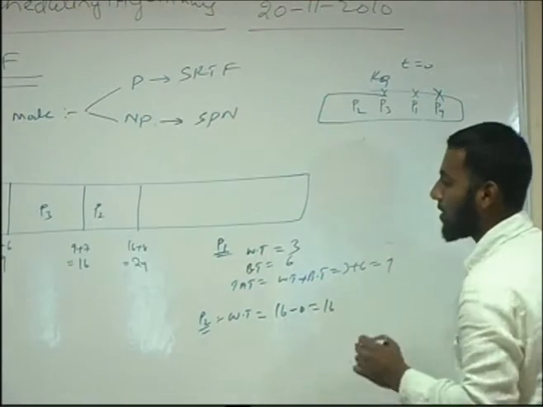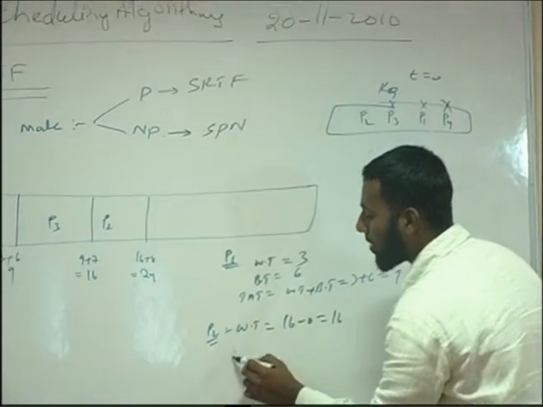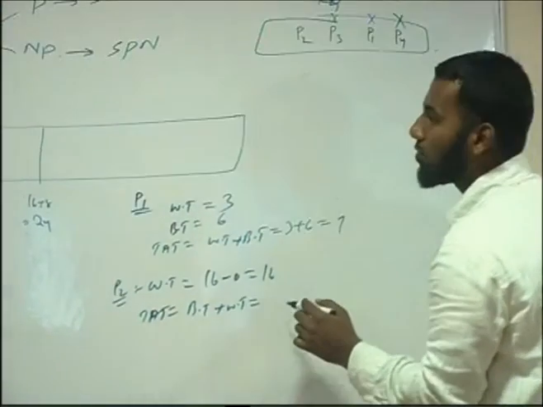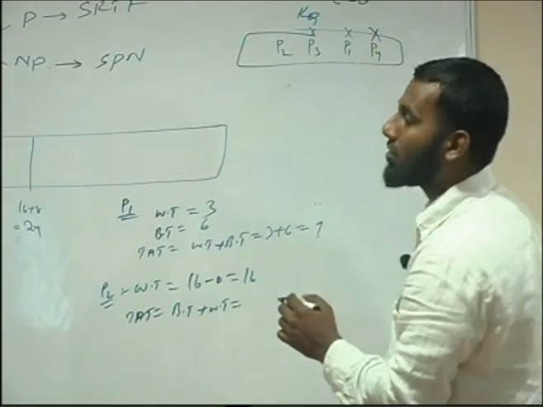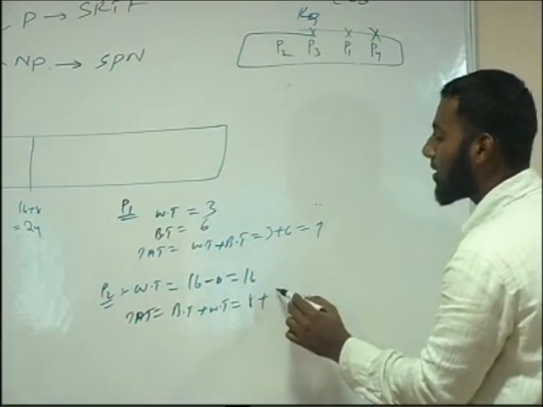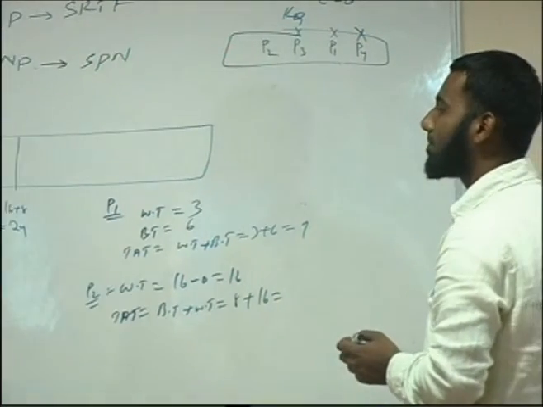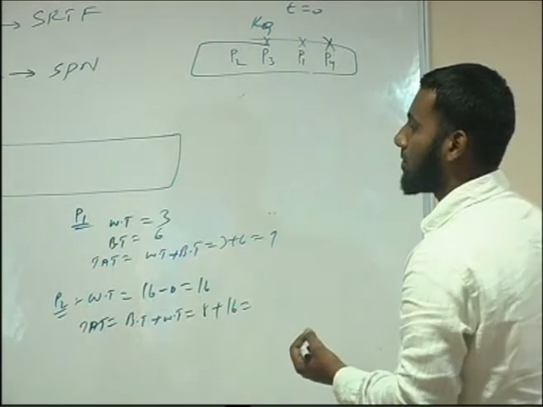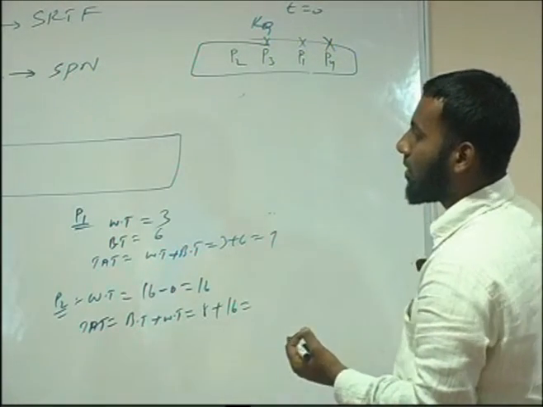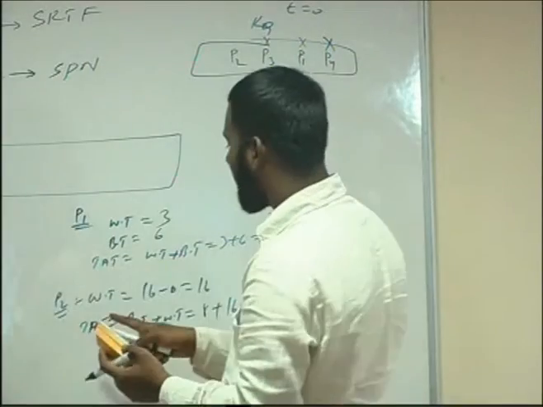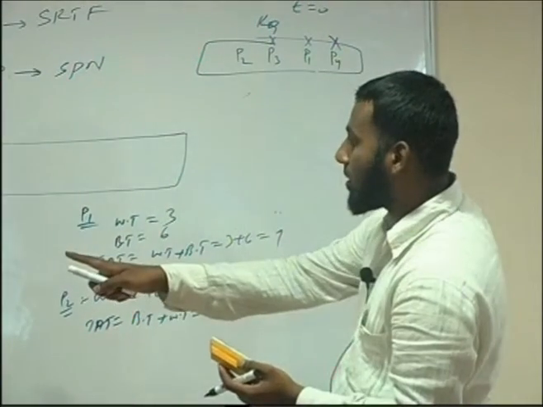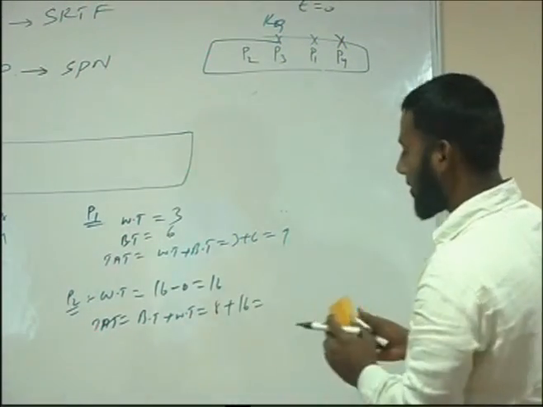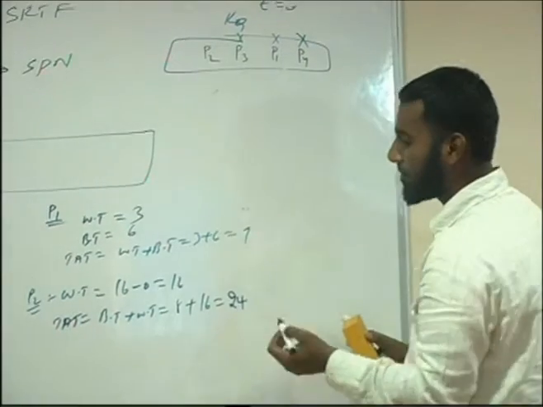So the waiting time is 16. And the turnaround time is burst time plus waiting time. The burst time for process P2 is 8 plus the waiting time of 16, so it is 24 units.